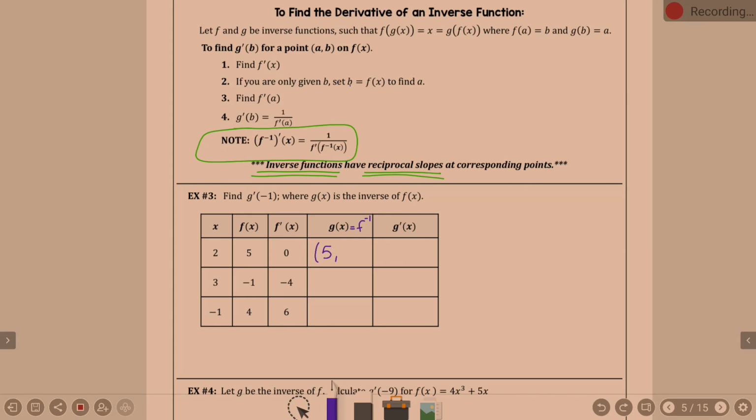I have in this box written the 5, 2, but essentially the g value is the 2. If we fill those out, what about the next row? -1, 3. And in the bottom row?